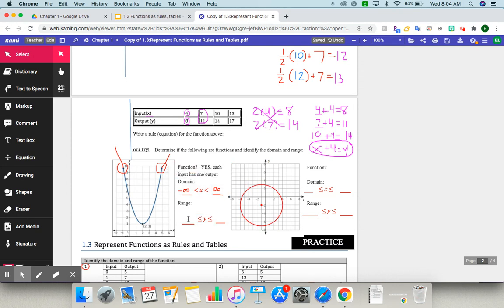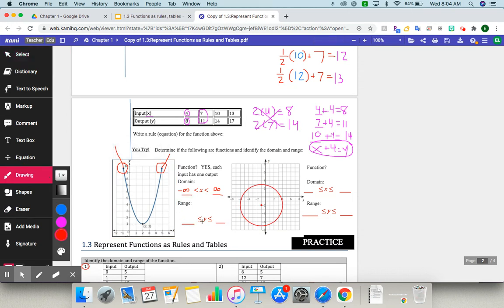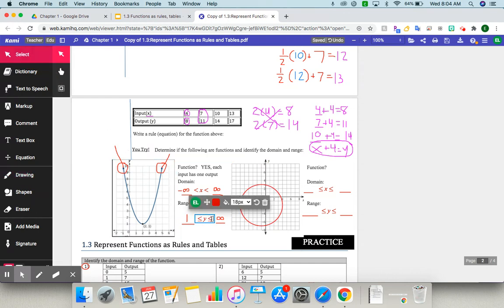Now for the range, notice the lowest or smallest y value is at the number 1. So I'd write 1 here. And once again, because of those arrows, that means it's forever increasing. So it would actually go to +infinity. And once again, we would need to change this symbol to just less than.